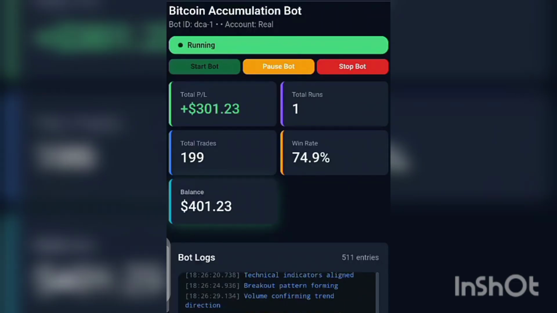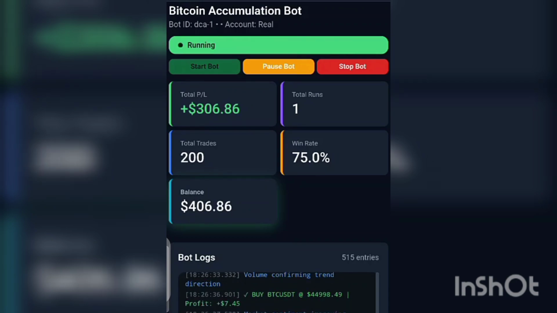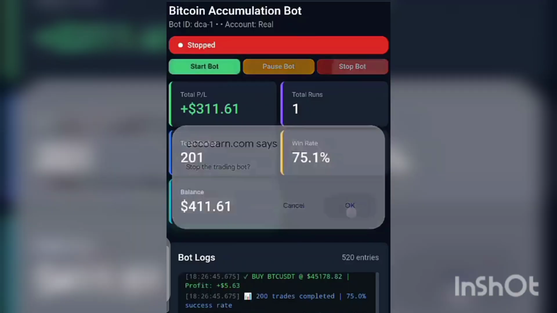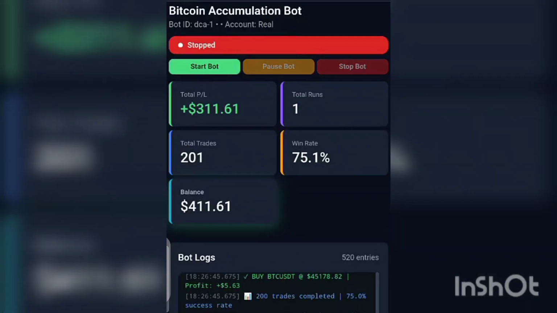This is 3x that we have made here. And remember, some of the time it will not give you this 3x. It's only when the market is highly profitable that this bot will give you a whole lot of money. So even if there is a day that this bot didn't trade, once the market is good and the bot starts running, you're really going to make a whole lot of money.